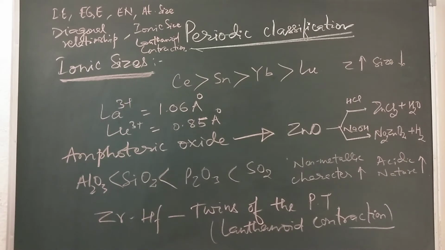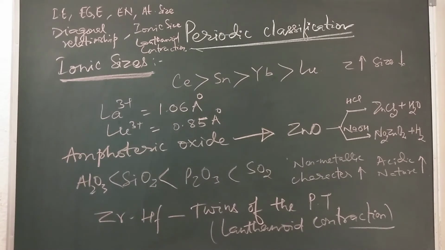You will find questions every time based on isoelectronic species as well as ionic sizes. One question of IIT asked about ionic sizes based on lanthanoid contraction. As atomic number increases, atomic size decreases in the case of lanthanoids, and this is also valid for the 3+ state.